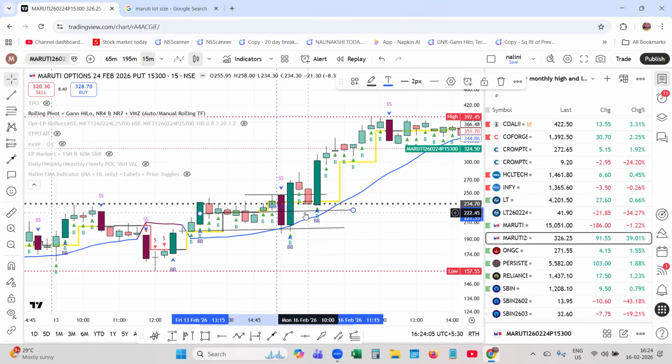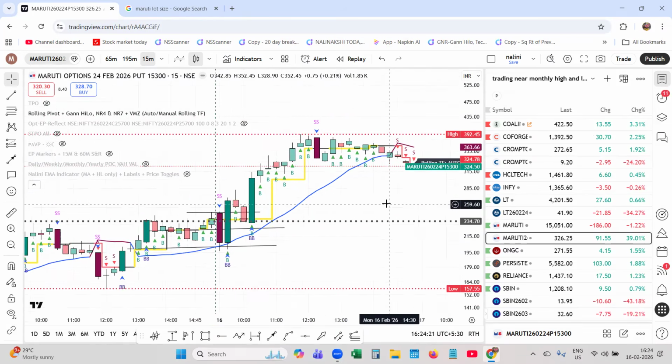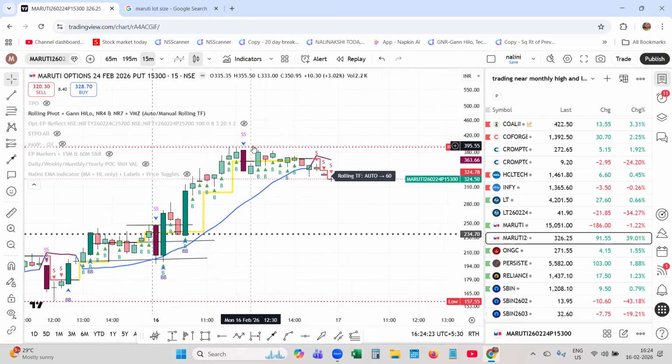Next, I took the trade when it was around this area, confirmation 225, and the stop loss was beneath this candle, and I entered the trade. From here, it rallied up to 395. Friends, 395.